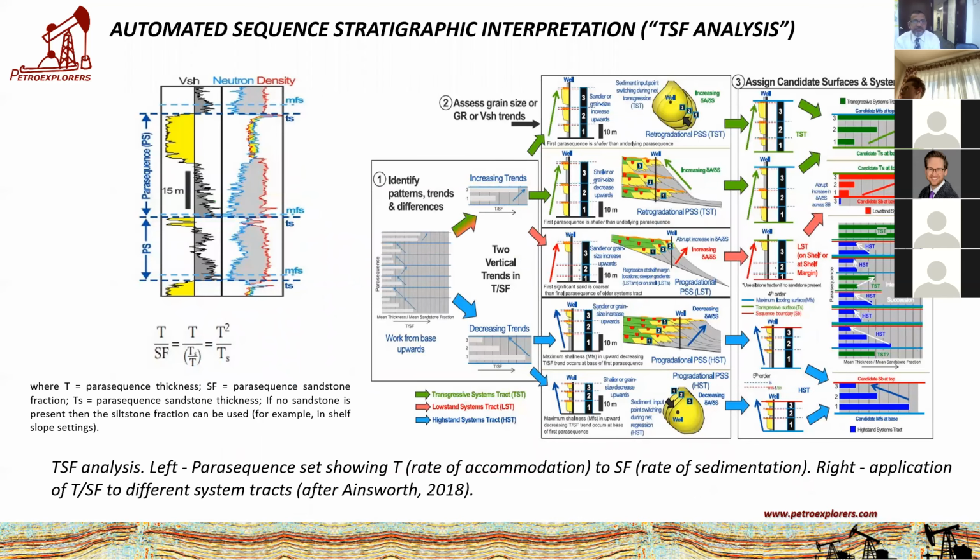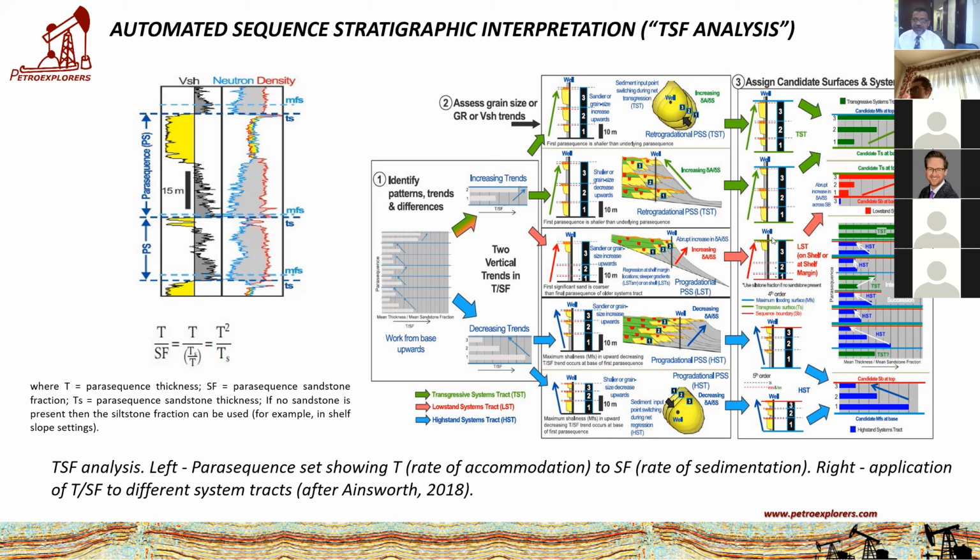The automated sequence stratigraphy is based on the Ainsworth work from Australia. A bunch of work published in AAPG and the Journal of Sedimentology, where a lot of manual work was done in order to define how the sequences change. Either they are prograding or retrograding, retrogradational and aggradational.